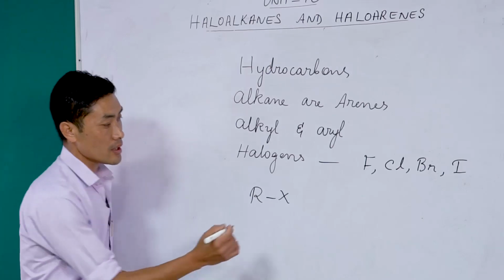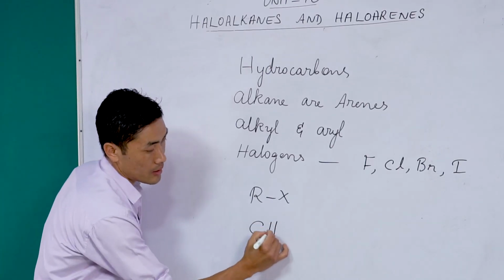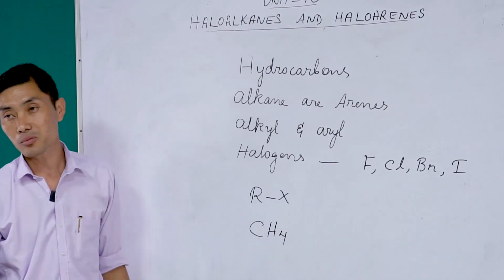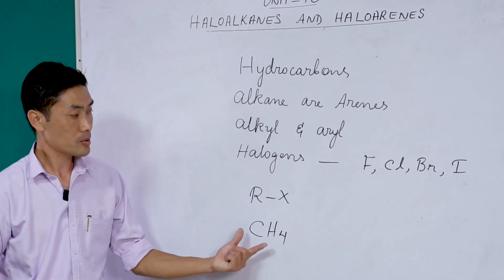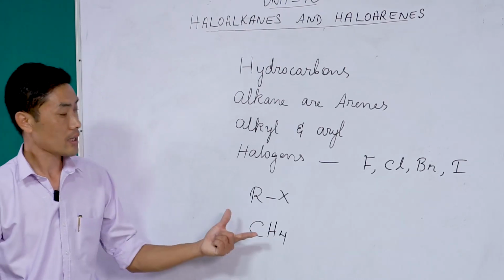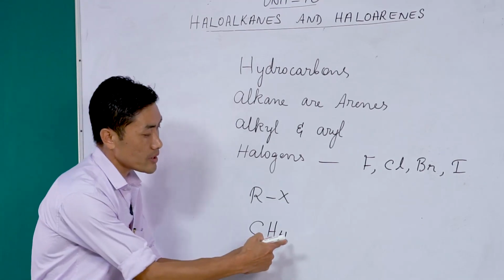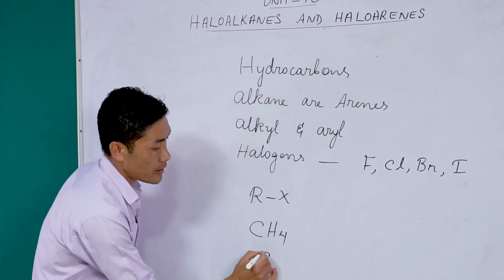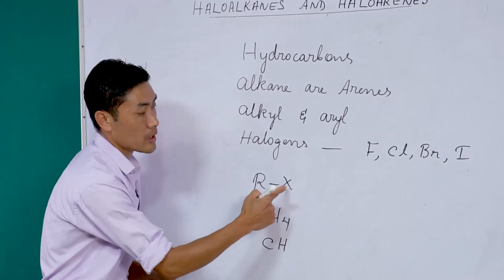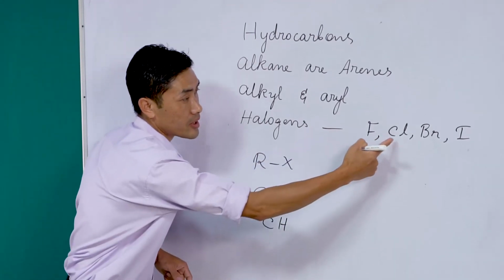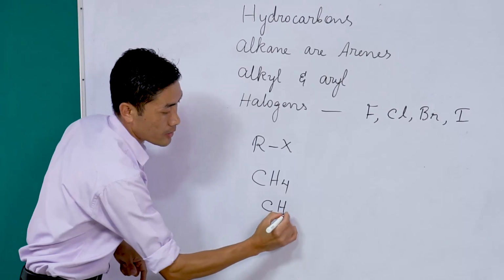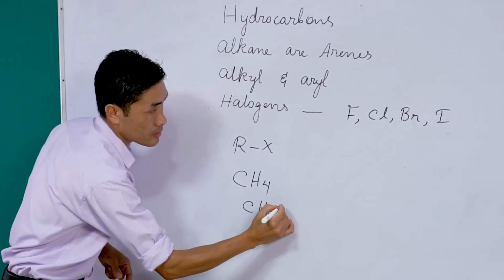For example, if we have methane, which is a hydrocarbon, a saturated hydrocarbon, or we can call it an alkane also. If we replace one hydrogen here by a halogen, let us say by chlorine, then we get CH3Cl.